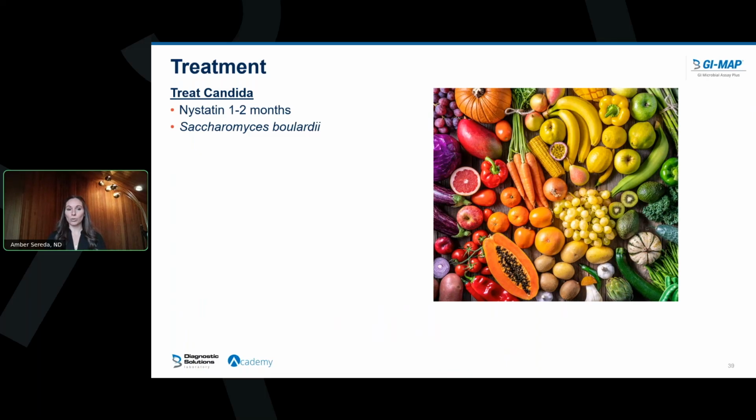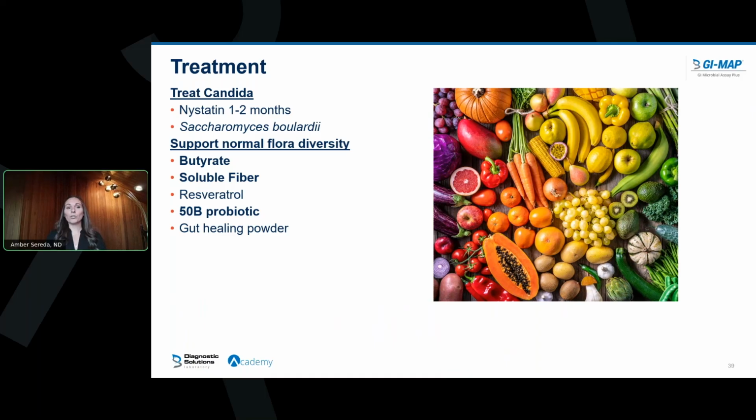I went pharmaceutical here partly for compliance for this patient. We had an in-depth discussion, and this is what he wanted to do. So 1 to 2 months of nystatin, and that is dependent on how he responds. Saccharomyces boulardii, we have tons of literature showing how beneficial it can be without competing candida.